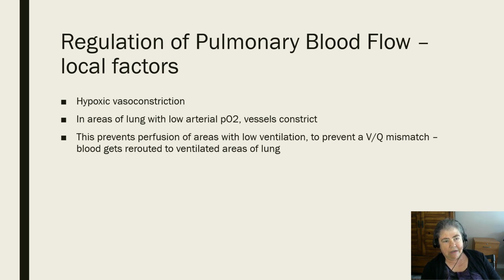All the oxygen gets used up, and that hypoxia causes local vasoconstriction, which prevents blood flow to the area that's not getting ventilated. And this prevents a mismatch of ventilation and perfusion. The blood gets rerouted to areas of the lung that are getting ventilated.